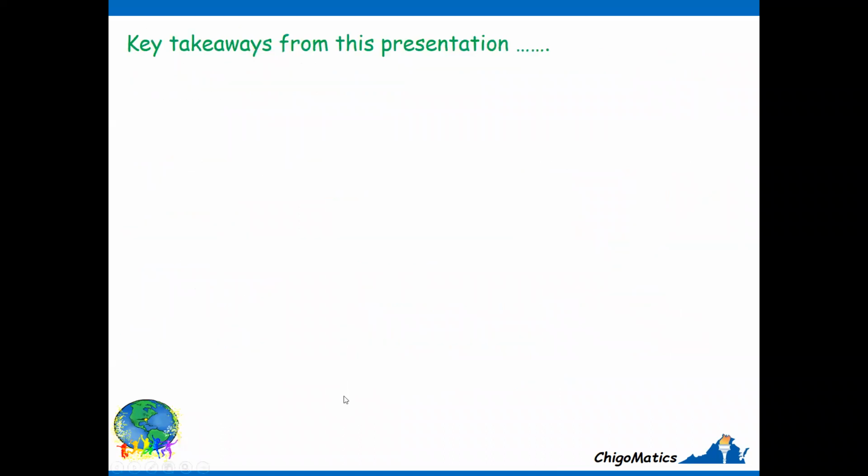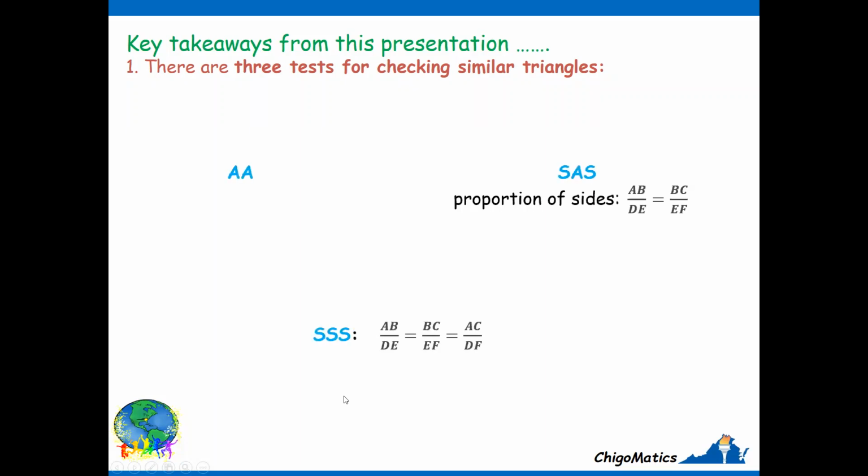Okay, key takeaways from this presentation. There are 3 tests for checking similar triangles, right? Now, these are the 3: AA, SAS, SSS.